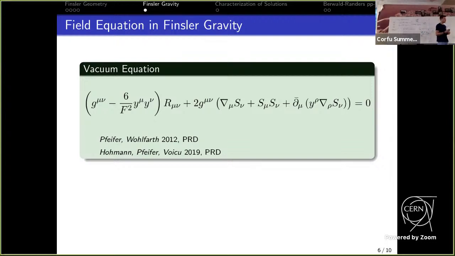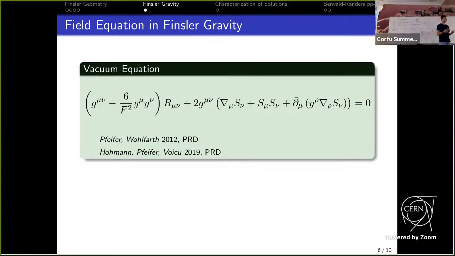Now, it was recently shown that you can also arrive at this equation in a different way, namely starting from the geodesic deviation equation. In exactly the same way as you can use that starting point to arrive at Einstein's field equations, if you follow the exact same steps in the Finsler case, you also arrive at this equation.